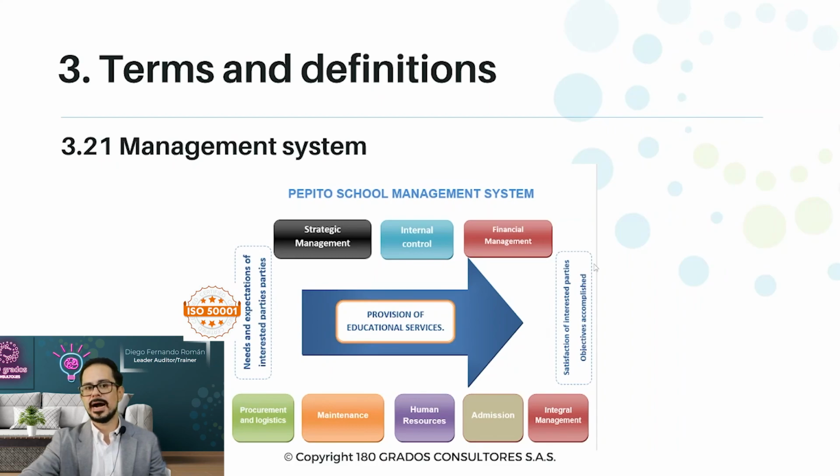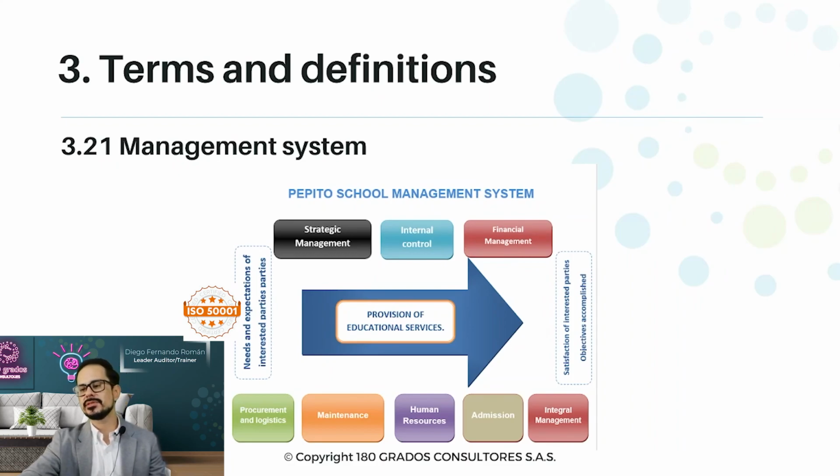In this school, as in any organization, there are different types of processes. First, there are the strategic processes. These are the processes that involve decision making, okay, and where clauses 4, 5, and 6 of the standard apply, such as the strategic management process, internal control, and financial process, where clause 9 applies, can also be considered strategic.